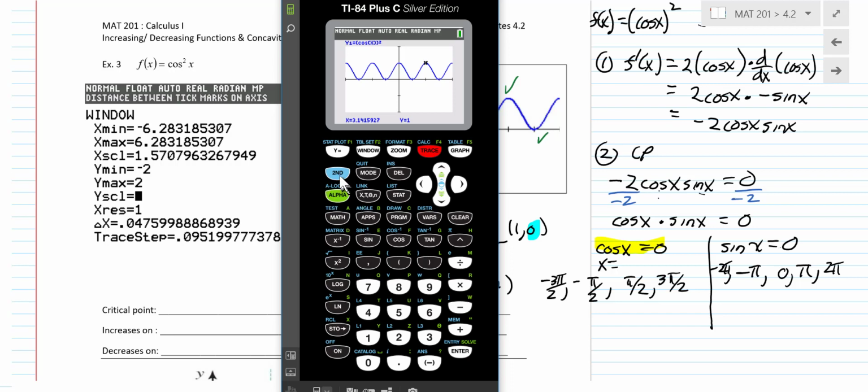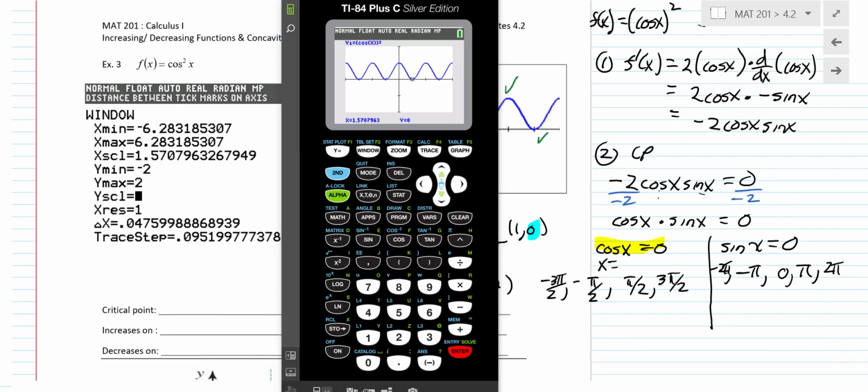So if you traced at pi over 2, well, that's another critical point. So see, what's happening is these minimums are these values right here, and these maximums are these values right here. Does that make sense? All I'm trying to show you is to verify these critical points graphically. So that verifies what we just did.